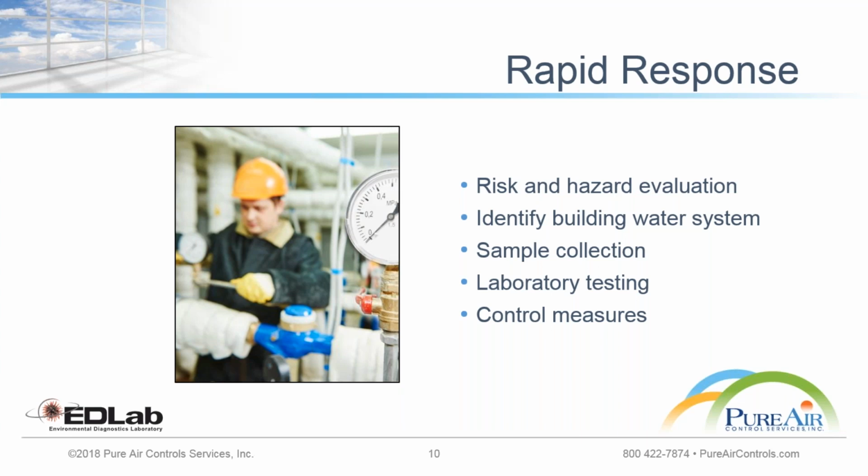The second step is to evaluate and identify the building water system, which can also be supplemented by sample collection if needed, then laboratory testing to find out whether the Legionella disease is being spread by the Legionella in that water system or not. And then obviously, if you have a positive response with these steps, we also have to come up with a control measure so that we can keep the Legionella under control.